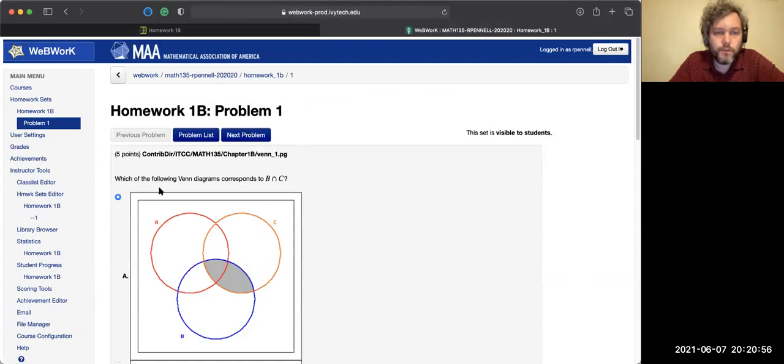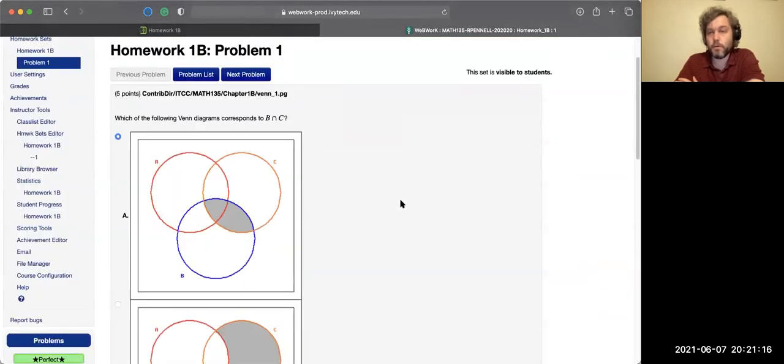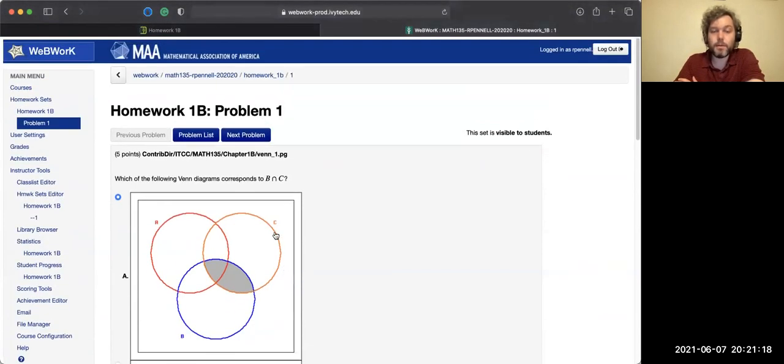Okay. The first question is asking which of the following corresponds to B intersects C. I will say this: WebWork is terrible about displaying images. When you first open this, a lot of these are going to be empty. Of course, mine are all displaying because I've already looked at it, and my computer's already saved the images.